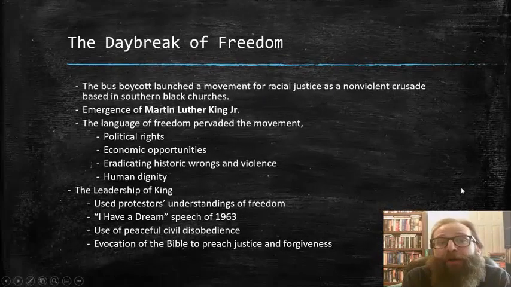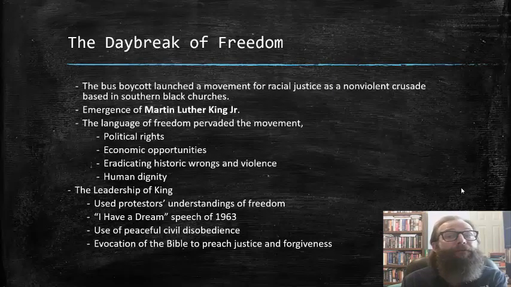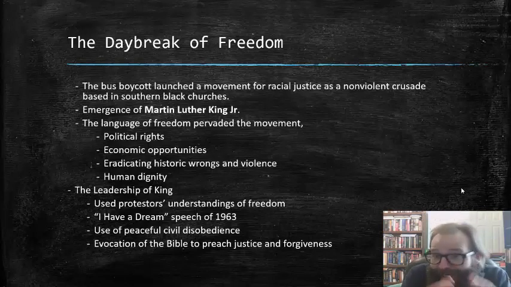The Montgomery bus boycott launched a movement for racial justice as a nonviolent crusade based in Southern black churches. And this is where Martin Luther King Jr. emerged as the most vocal and visible proponent of this nonviolent civil rights crusade. The language of freedom pervaded the movement.